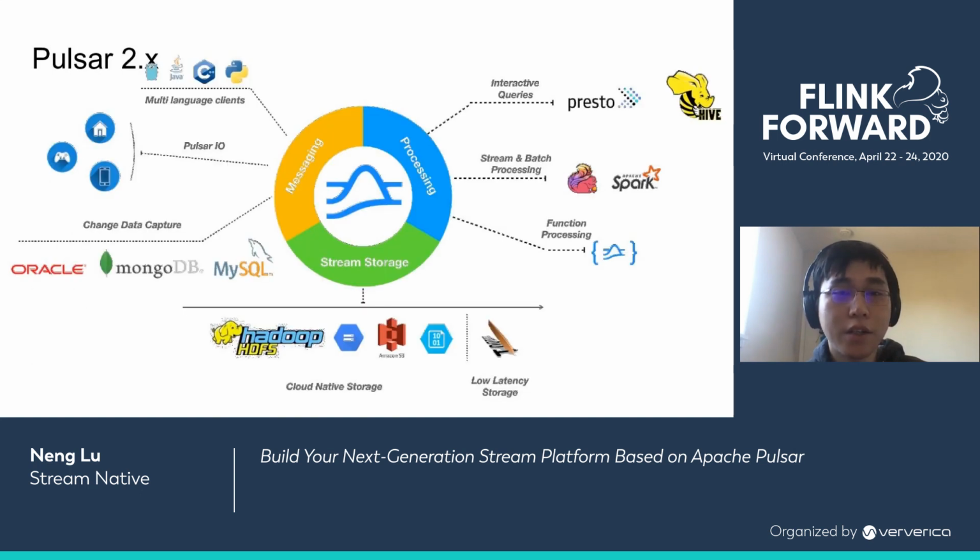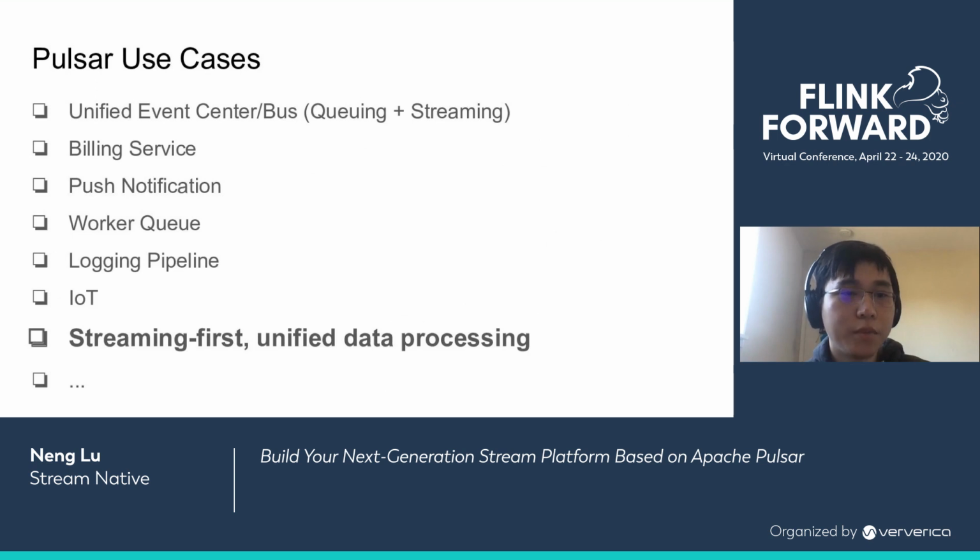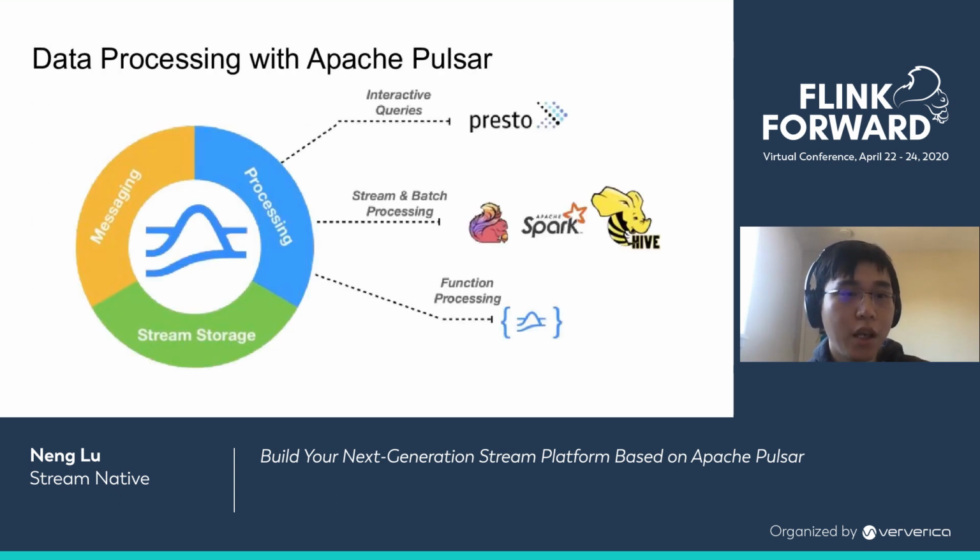Later on, as the community grew and people added more and more features, we added a large chunk, which is the processing, as well as multiple client support and multiple storage system support. In this age, we have a streaming-first unified data processing philosophy in the whole project.